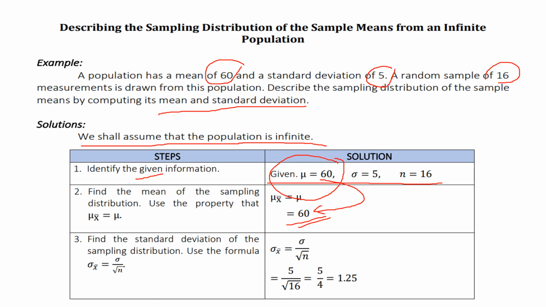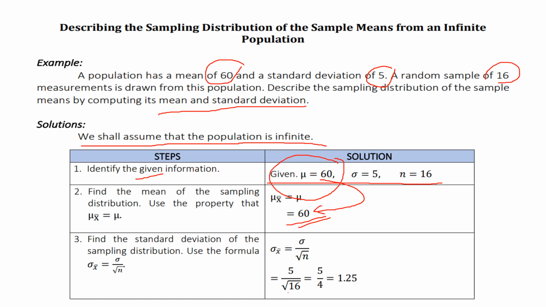Third, find the standard deviation of the sampling distribution. Use the formula for the infinite population. So we apply sigma of the sample mean is equal to sigma over the square root of n, or your sample size. We just simply substitute the given values, sigma is 5 and n is equal to 16. So our resulting value is 5 over the square root of 16.